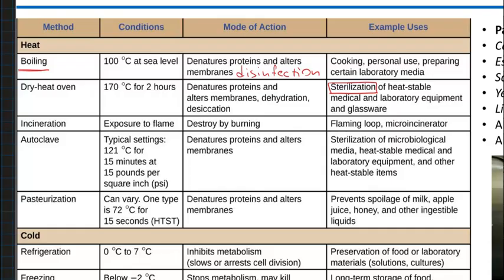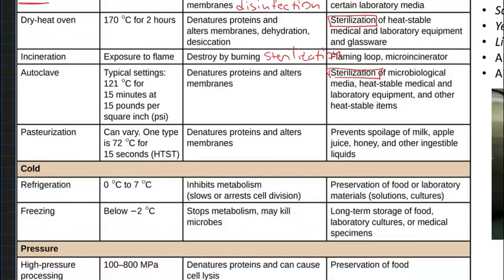Incineration, which is burning. Do you think it's going to destroy everything? Yeah. So definitely sterilization. Autoclaving. Sterilization, very easy. Do you need to memorize any settings, like the specific temperatures or pressures? No. Okay.